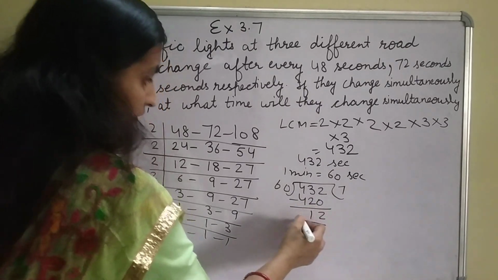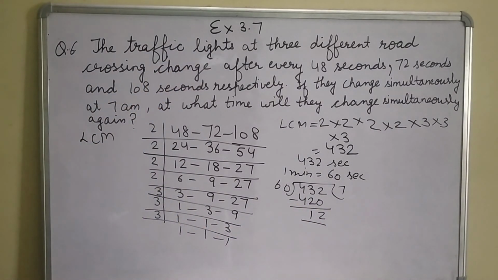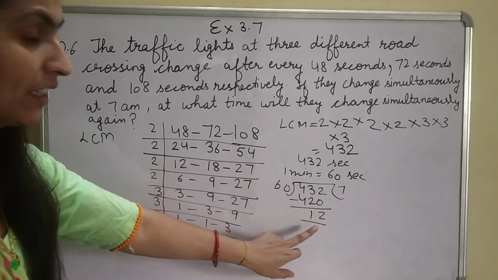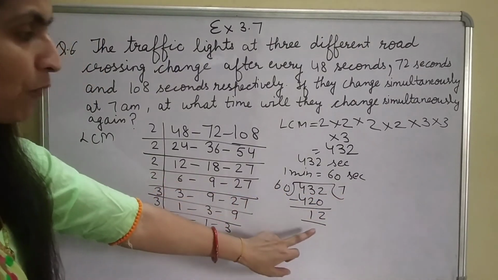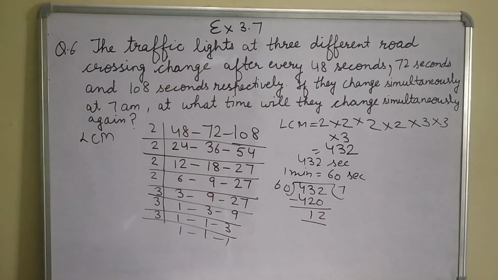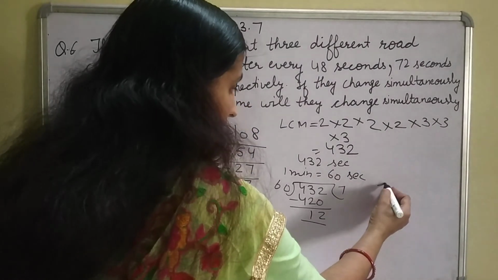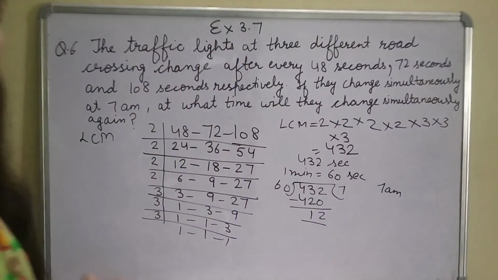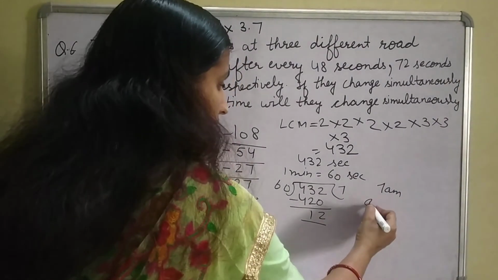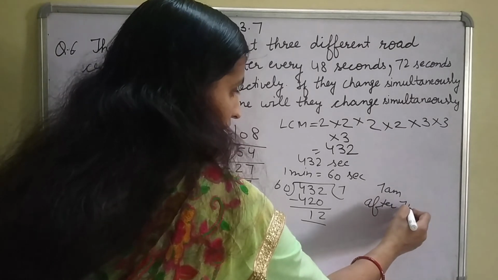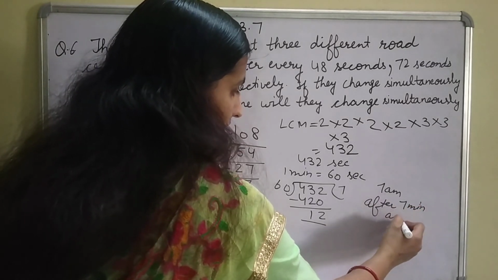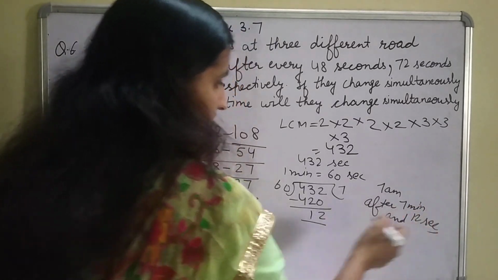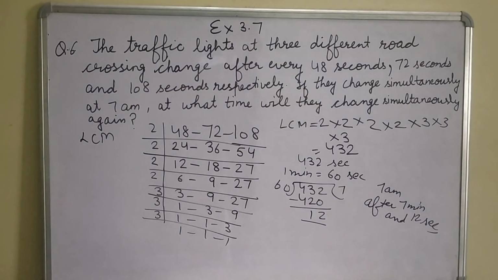So what is left? 12. Means after 7 minutes and 12 seconds they will change again. As the morning time is 7 a.m., it will change after 7 minutes and 12 seconds in the morning.